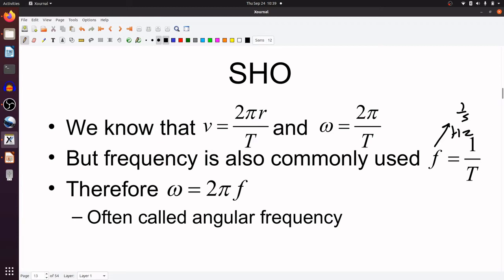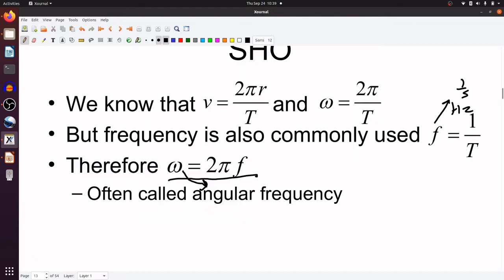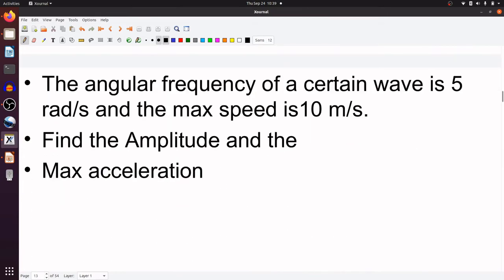So we sometimes express angular frequency as omega equals 2 pi f. It's better to use angular frequency because regular frequency generally deals with oscillations, whereas angular frequency can do what's in the middle because it's measured in radians per second. And that's what we're going to use from here on out.